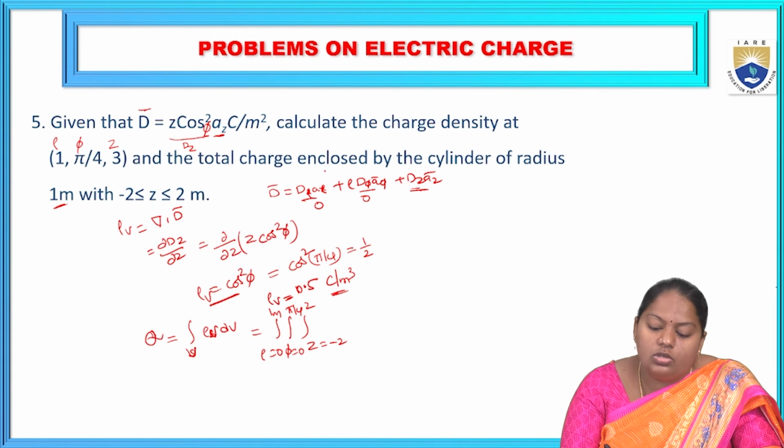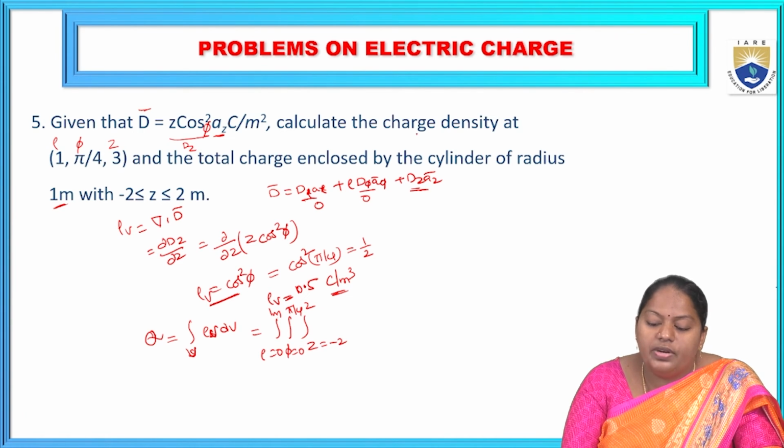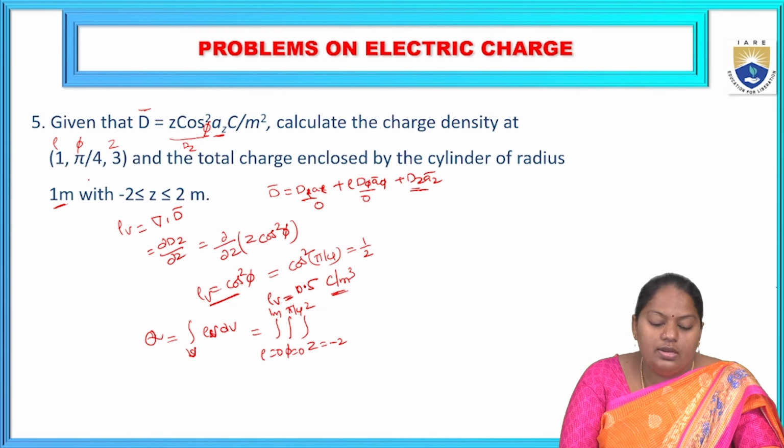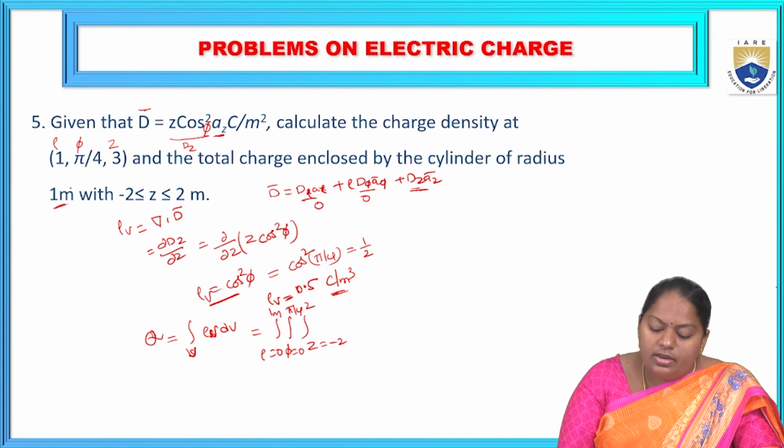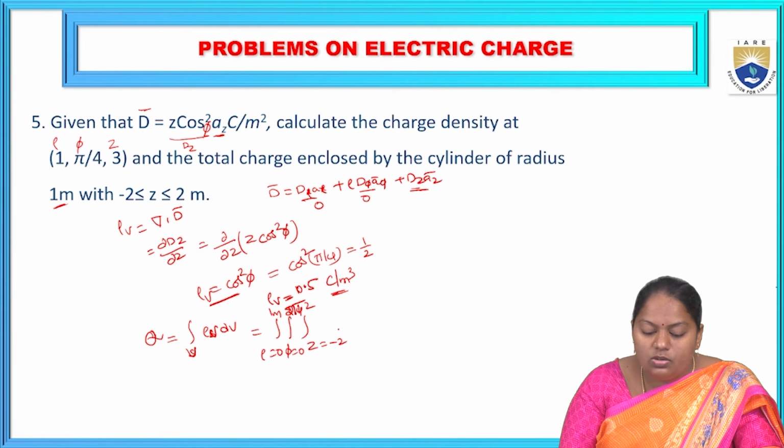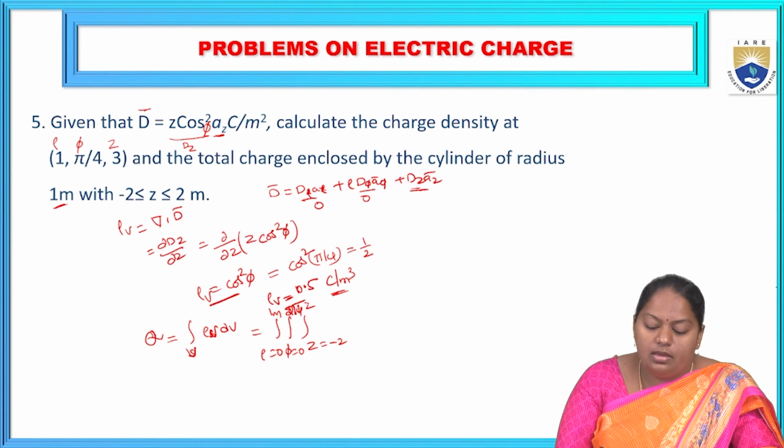See, the total charge enclosed by the cylinder of radius means rho is ranging from 0 to 1, phi is equal to 0 to pi by 4, and z is ranging from -2 to 2. By default, phi is ranging from 0 to 2 pi.